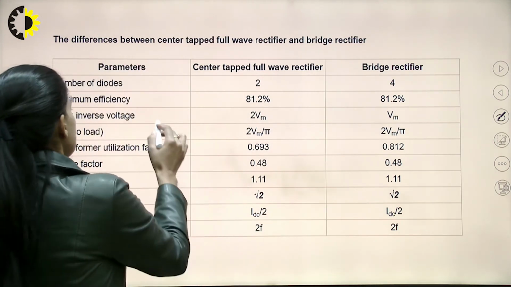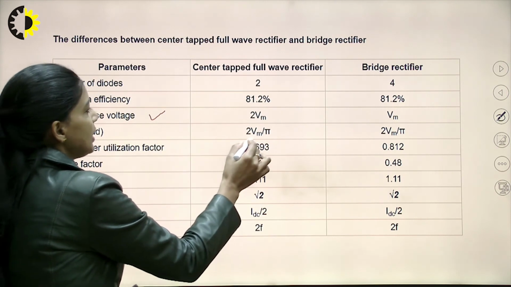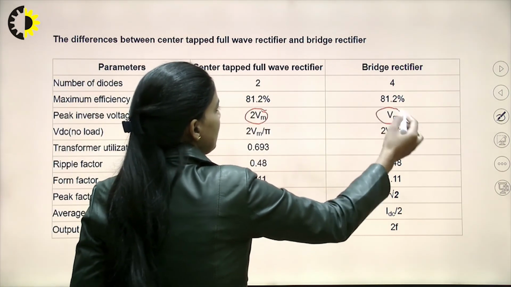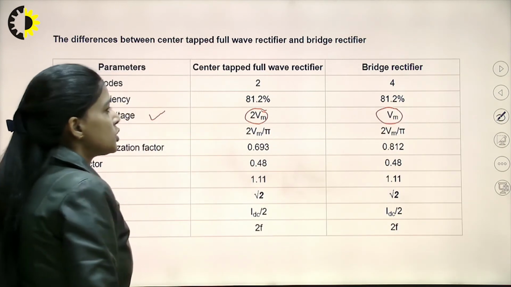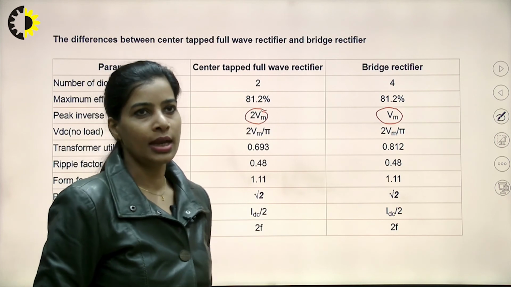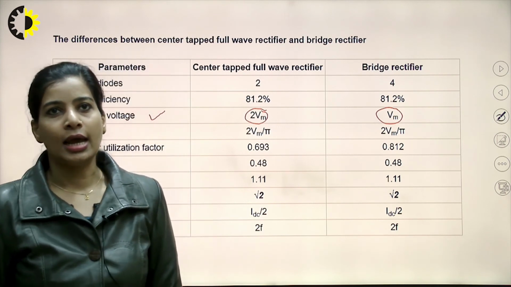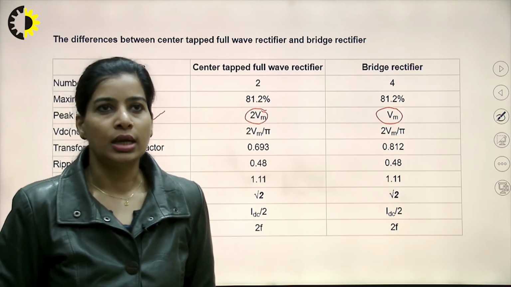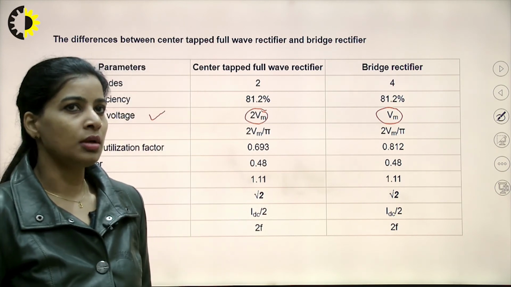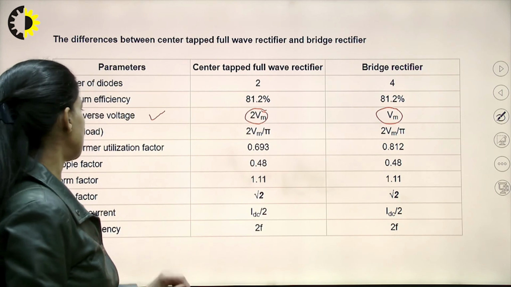There is a difference in PIV. For center tap we have 2 Vm and for bridge rectifier we have Vm. So PIV for the center tap rectifier is higher, meaning the diode can withstand higher voltage values without getting damaged.